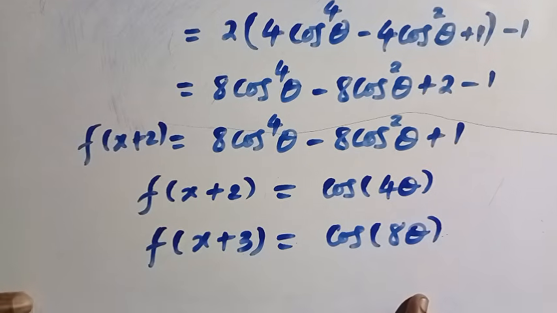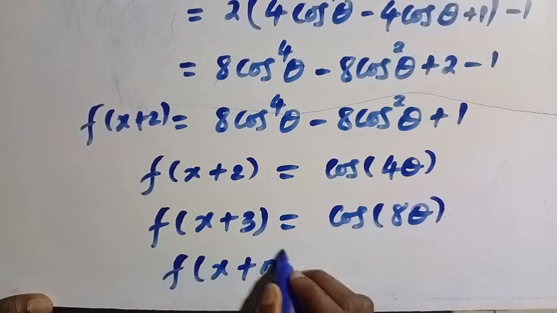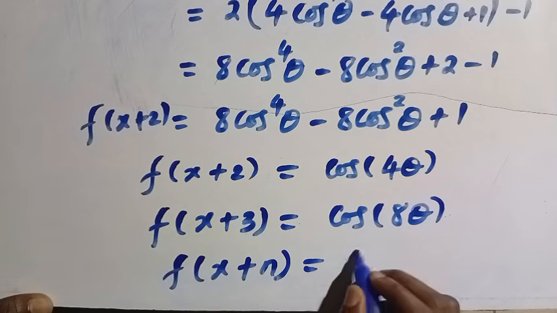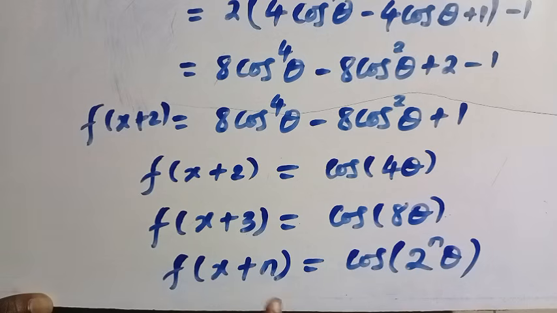We have gotten a particular pattern here. For every f(x+n), the result is cos(2^n θ). So if n equals 1, we have cos 2θ. If n equals 2, we have cos 4θ. If n equals 3, we have cos 8θ. And that's how it keeps going.